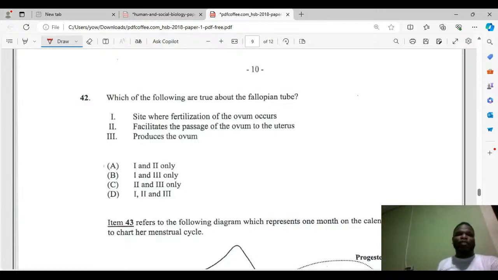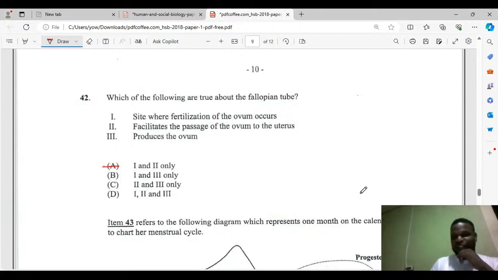Is it the site where fertilization of the ovum occurs? Does it facilitate the passage of the ovum into the uterus? Does it produce the ovum? Seeing A as a popular answer. The site where fertilization occurs. It doesn't produce the ovum at all. So A is right.